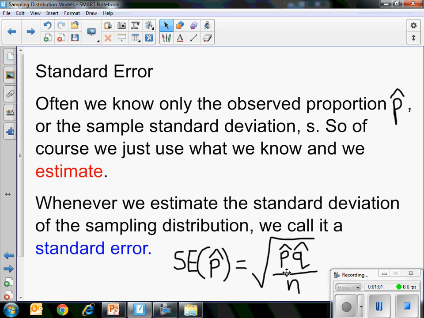And then notice this should look very familiar to you. It's the square root of p hat q hat divided by n. Your p hat is the observed proportion of success, q hat is your observed proportion of failure, and n is the number in your sample, or trials.